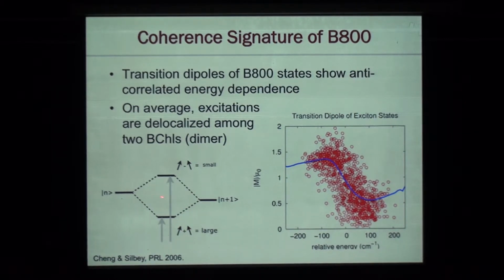Their coupling is negative, so on the low energy side, they have superposition in the same direction. This one is anti-symmetric, with a minus sign. So this gives you a small transition dipole, and this gives you a large transition dipole. Considering this energy-dependent transition dipole, we were able to describe the system very well. And it requires that they are delocalized among at least 2 bacteriochlorophylls.